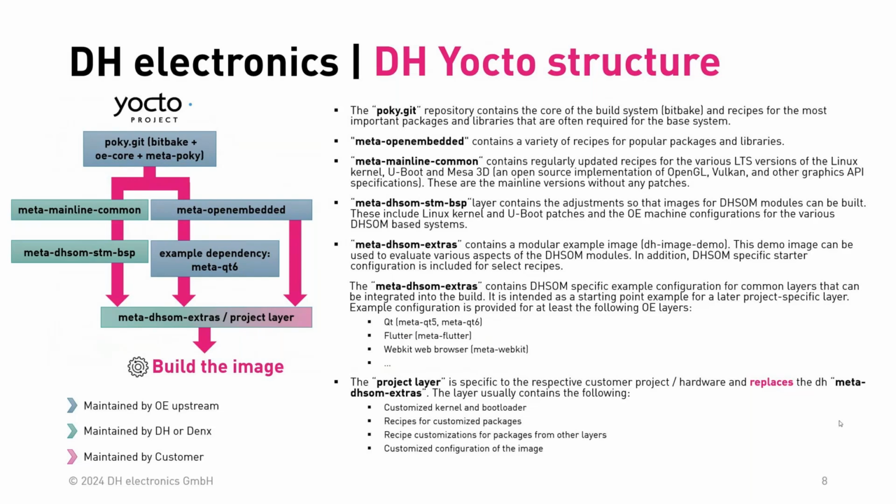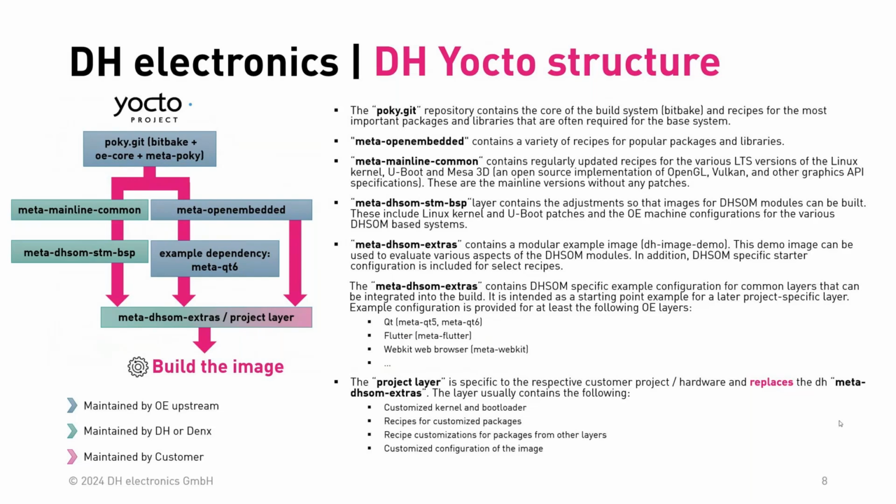The interesting parts are now the green parts. This comes from v Electronics or DANGS, and is also maintained by these 2 companies. And let's start with this Meta mainline common layer on the left side, this green block, which comes from DANGS and is used to get the sources for the kernel, U-boot, and some other open source components. This layer is hardware independent. This is important here.